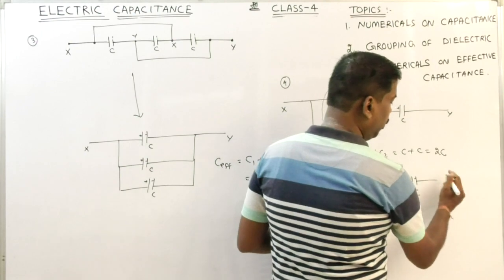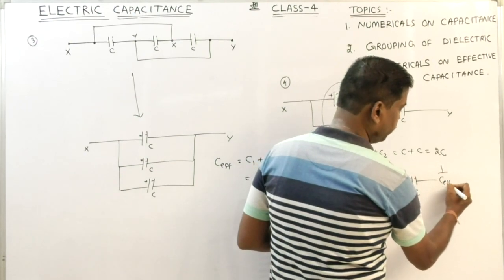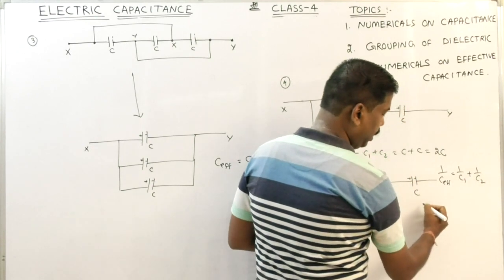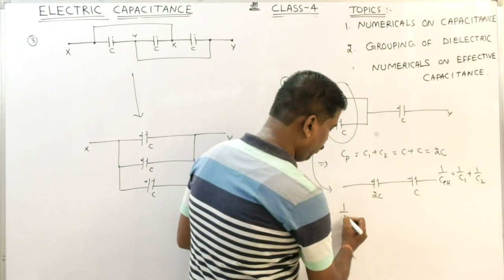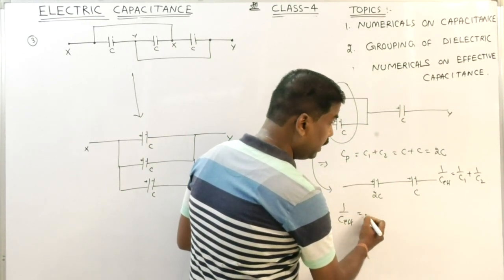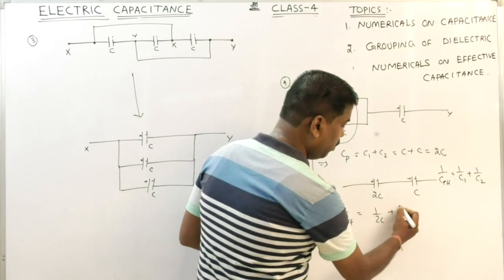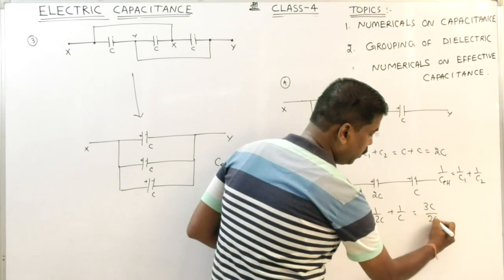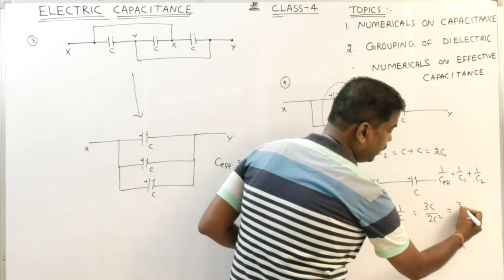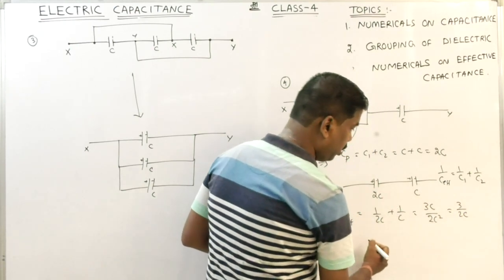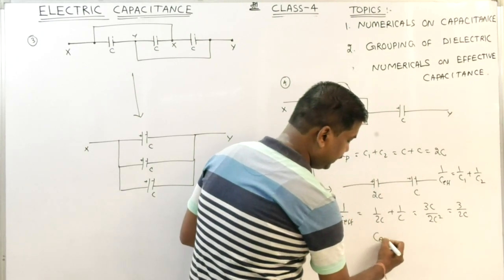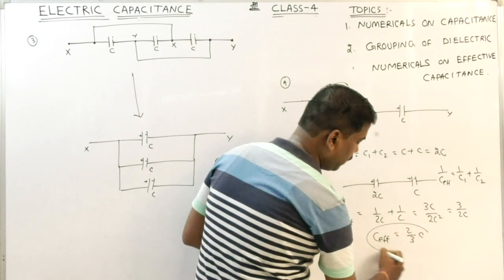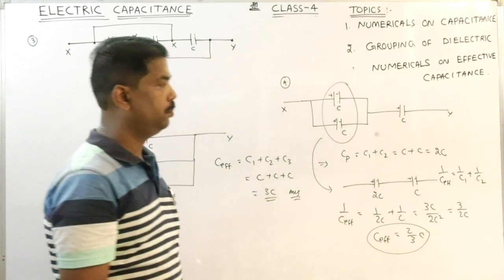So the answer is 1 by C effective is equal to 1 by C1 plus 1 by C2, found to be 1 by C effective is equal to 1 by 2C plus 1 by C, is equal to 3C by 2C square, or I can say 3 by 2C. Conclusion: C effective is equal to 2C by 3. Clear?